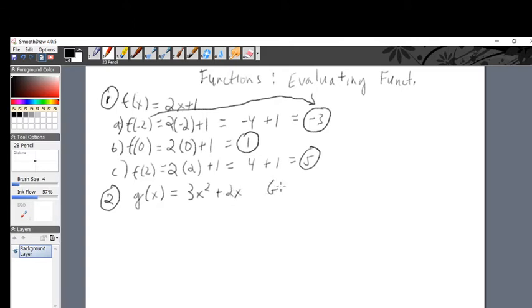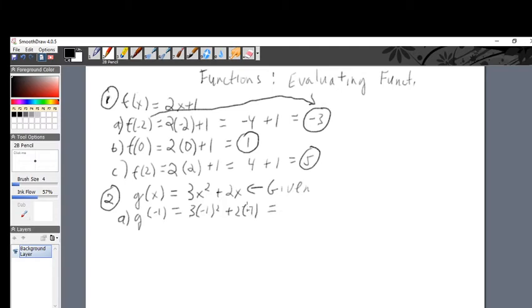This is the given right here. And here's the question. Question A. What is g of negative 1? It's equal to 3 times negative 1 squared plus 2 times negative 1. Because this input x equals negative 1 goes into this x and goes into this x.